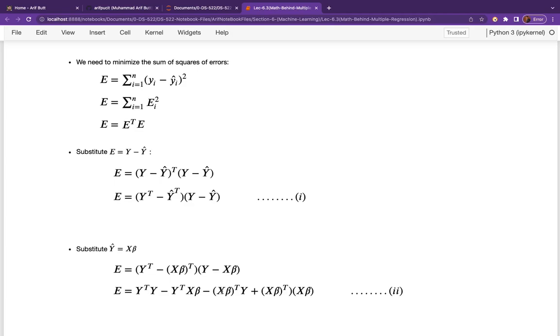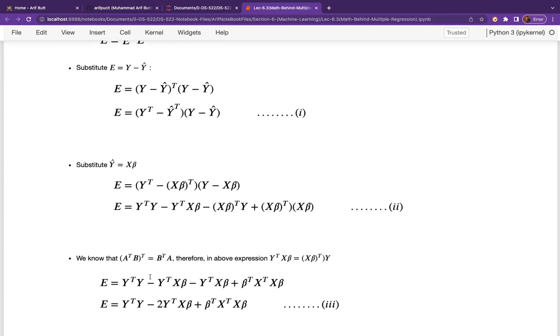My dear students, we know that A transpose B whole transpose is equal to B transpose times A. So in this equation 2, we can write this Y transpose X beta as X beta whole transpose Y. These both are equal.